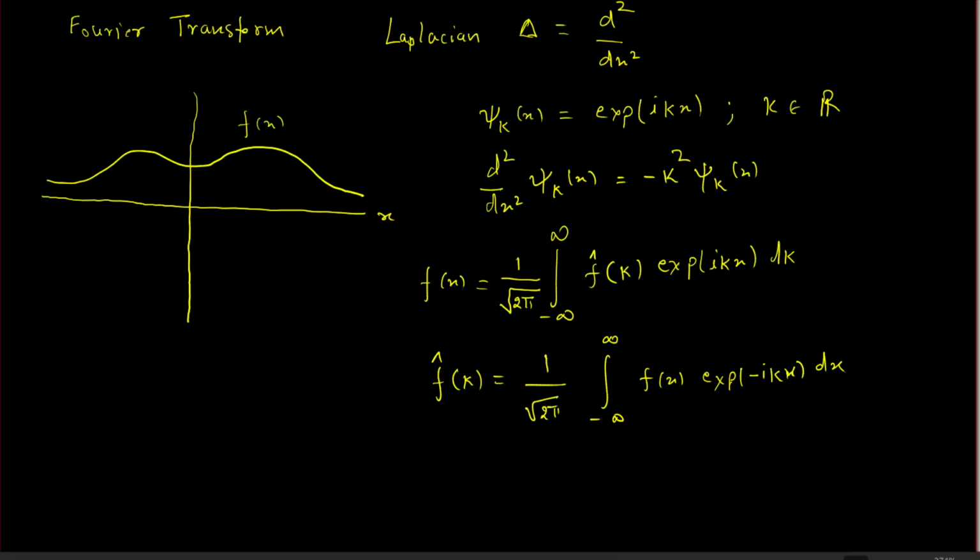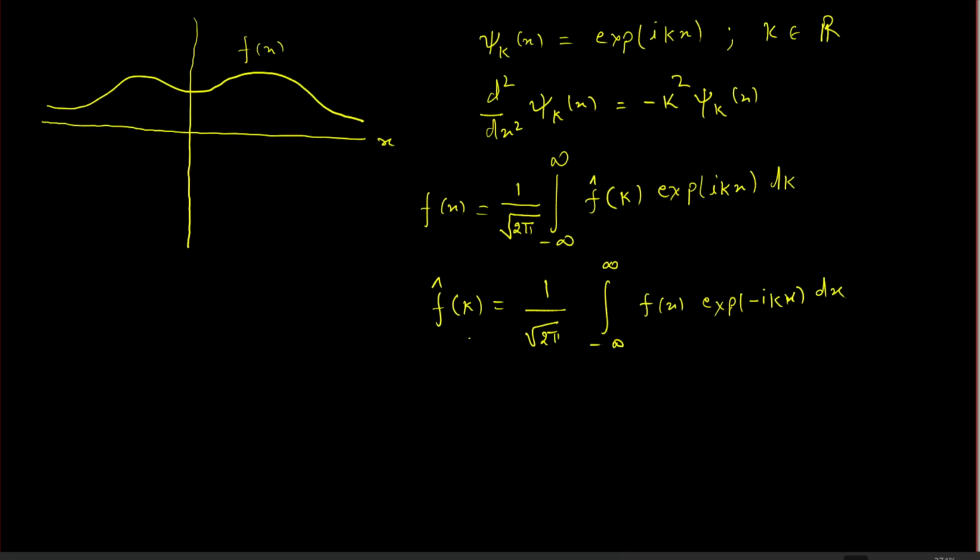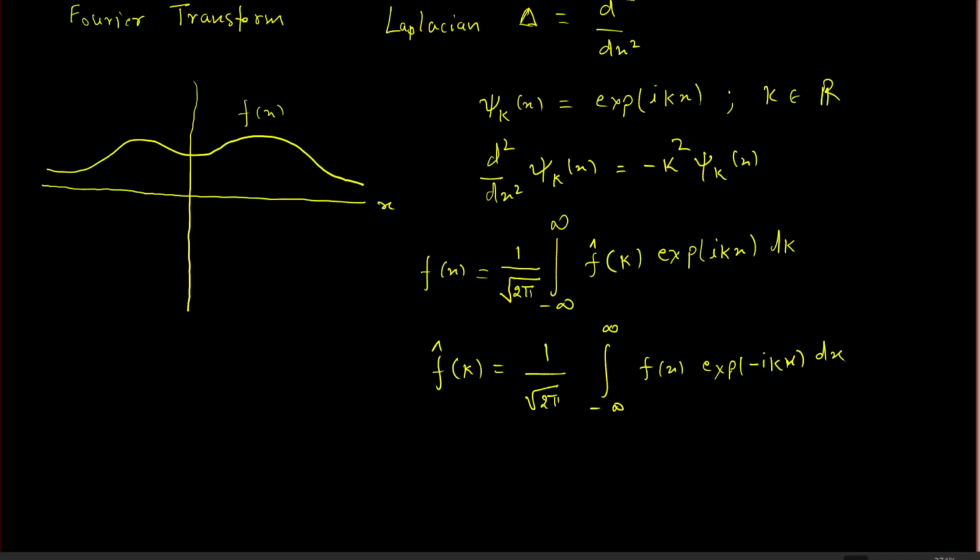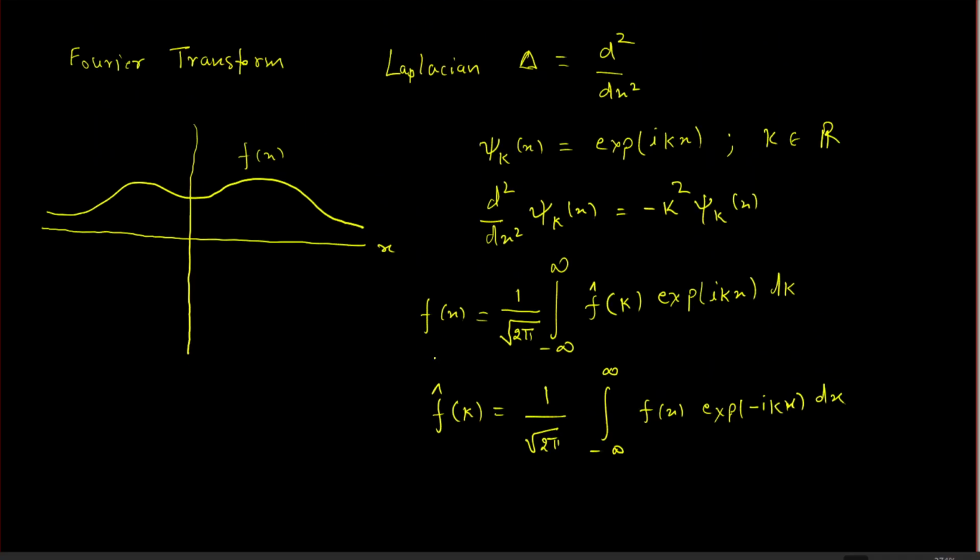So the Fourier transform on the real line is related to linear expansion of functions in the basis of eigenfunctions of the Laplacian operator. This is our Fourier transform on the real line.